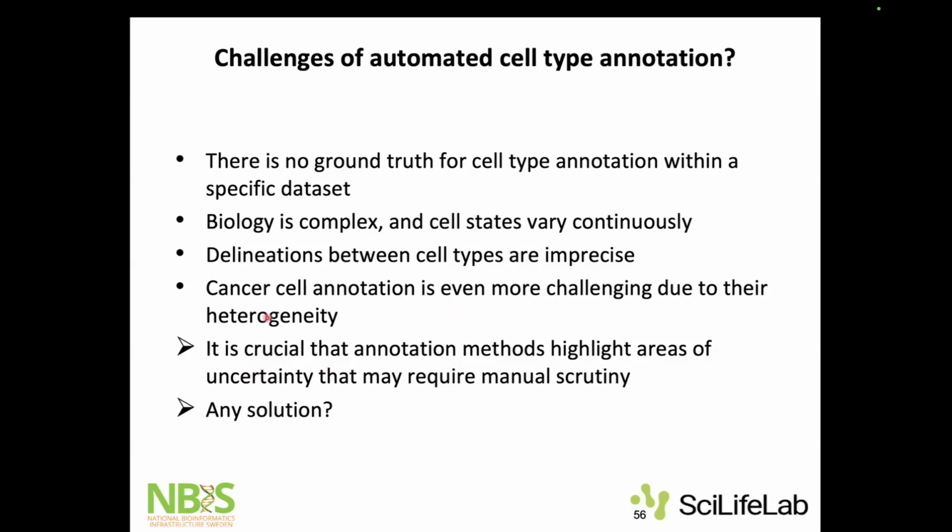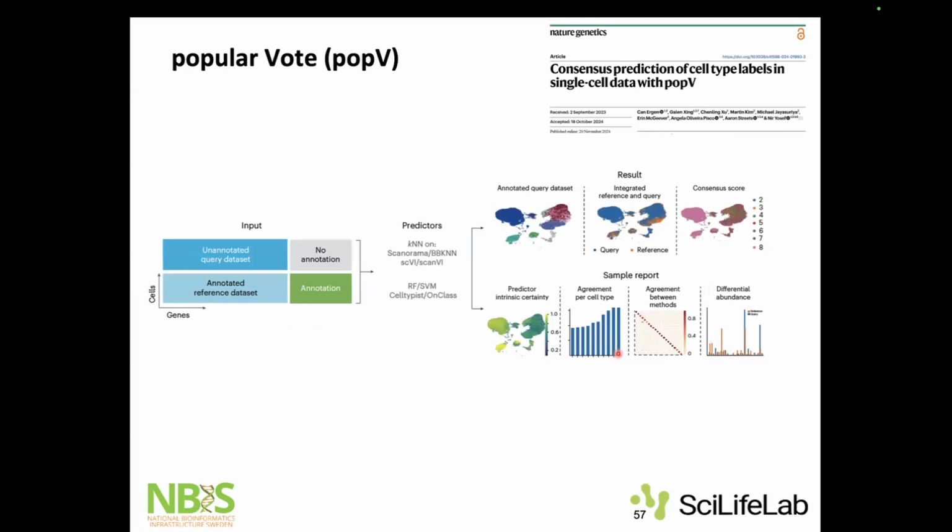And also it's very crucial that annotation methods highlight the uncertainty. So then we know for which group of cell population we need to do manual annotation. So is there any way that we can benefit from these automated cell type annotations that minimizes all these issues? That is a question here.